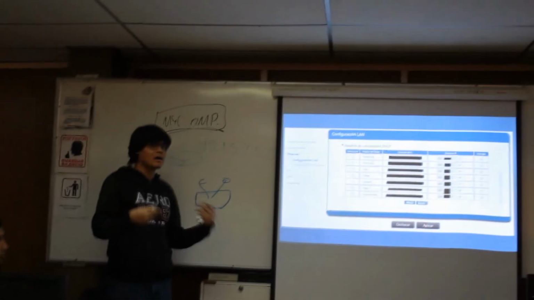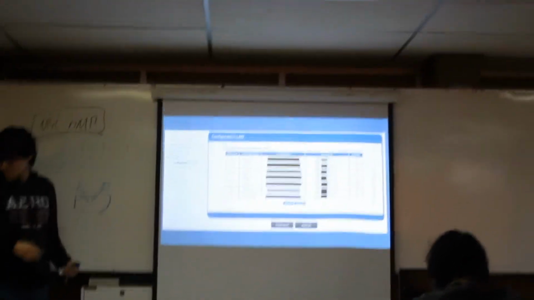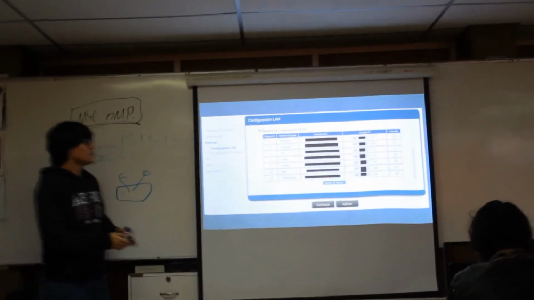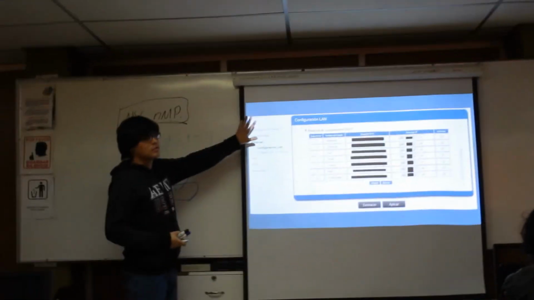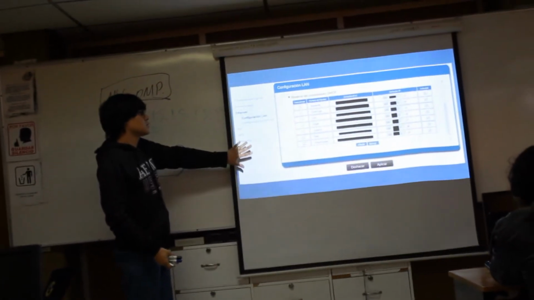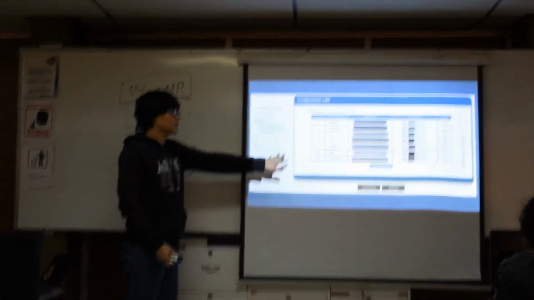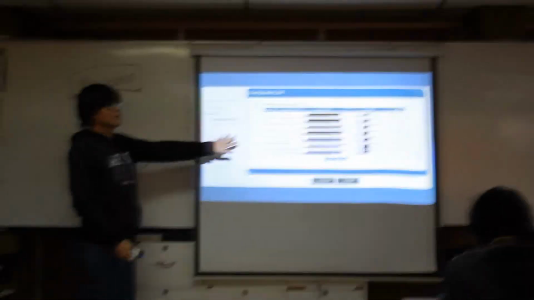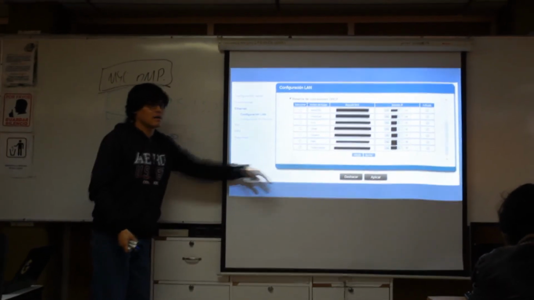But in case that I don't give them a specific IP, oh man, why can't I show this? Well, there's another section of the router configuration in which it shows that I can establish the DNS for any device.